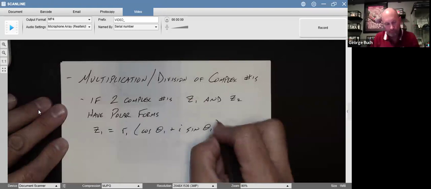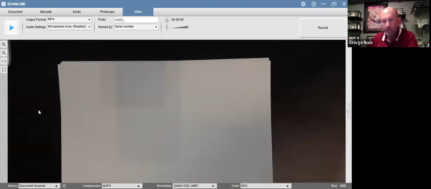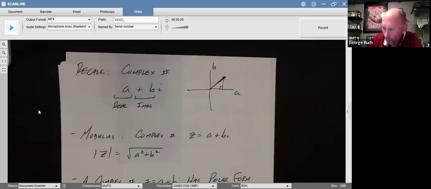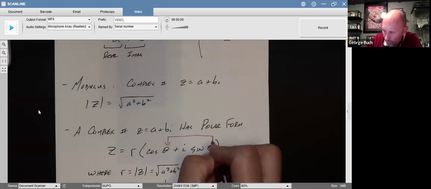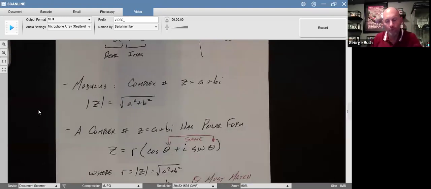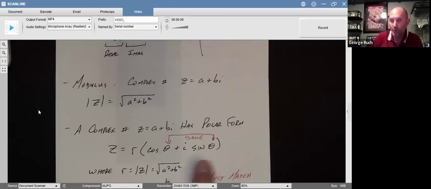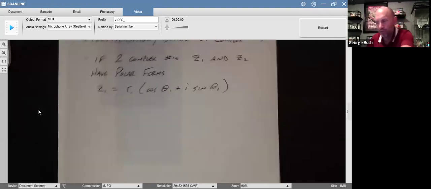And you will notice, and I should probably go back to the general form of a complex number, these thetas are the same. So if you write out a polar form and you have like pi over 6 here and pi over 3 here, it's wrong. It's got to be the same value, because we calculate it the same.